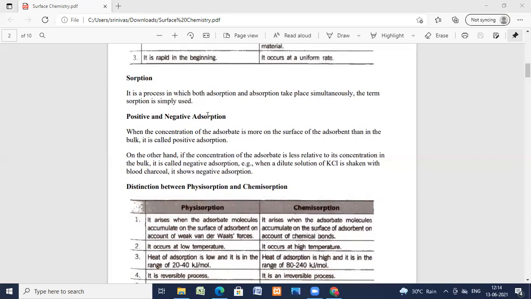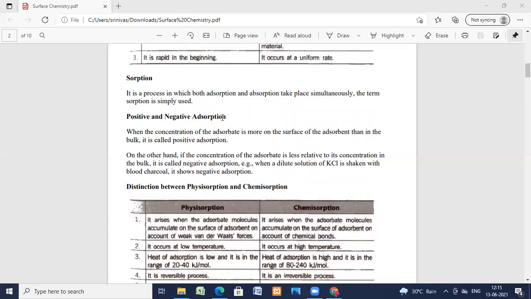Now, positive and negative adsorption. When the concentration of the adsorbate is more on the surface of the adsorbent than in the bulk, it is called positive adsorption.